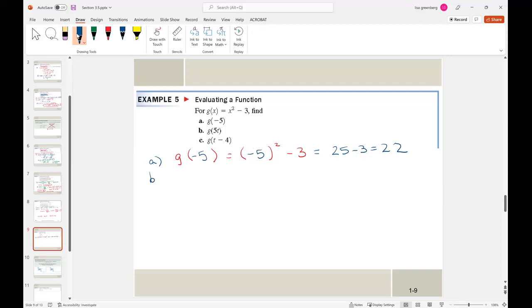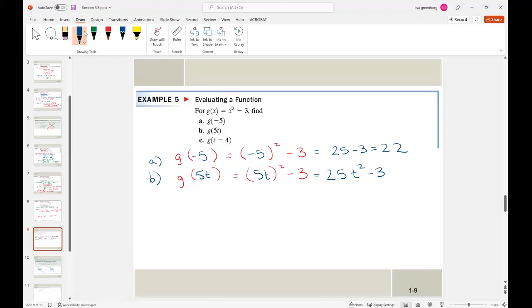Okay. For b, I have g of something equals that thing squared minus 3. And if I do b, it says 5t. So I plug in 5t for x. And this is now going to equal 25t squared minus 3, which is our final answer.